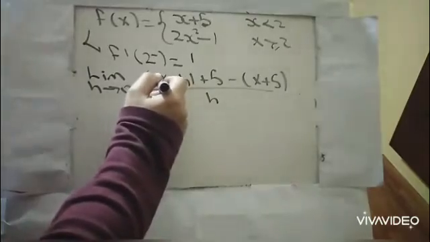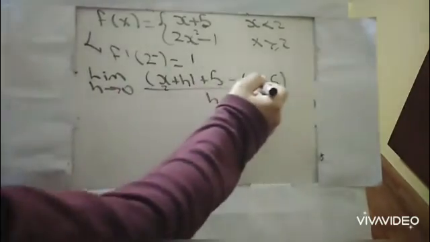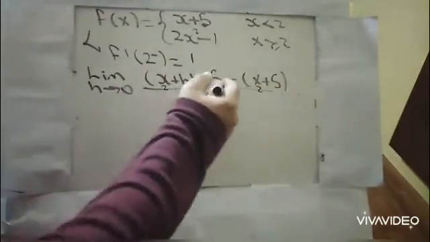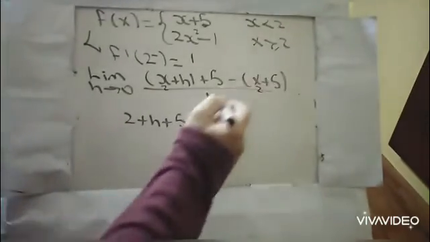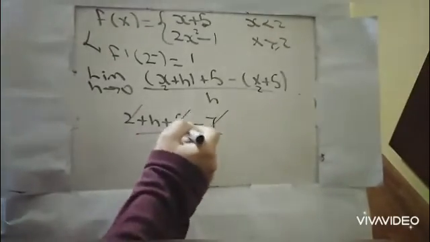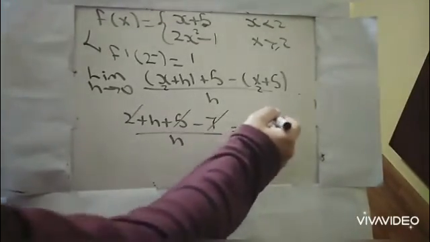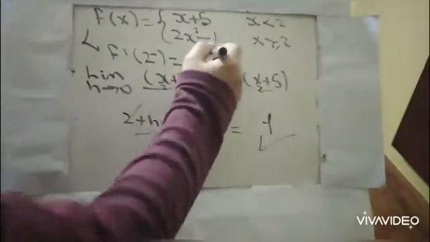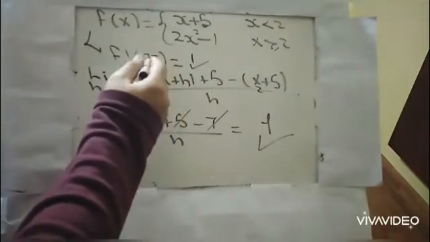We'll put 2 instead of x, which is 2 plus h plus 5 minus 2 plus 5, which is 7, over h. 2 plus 5, 7, 7 minus 7, 0. So h over h is 1, as we said. So the slope at the left of 2 will be 1.